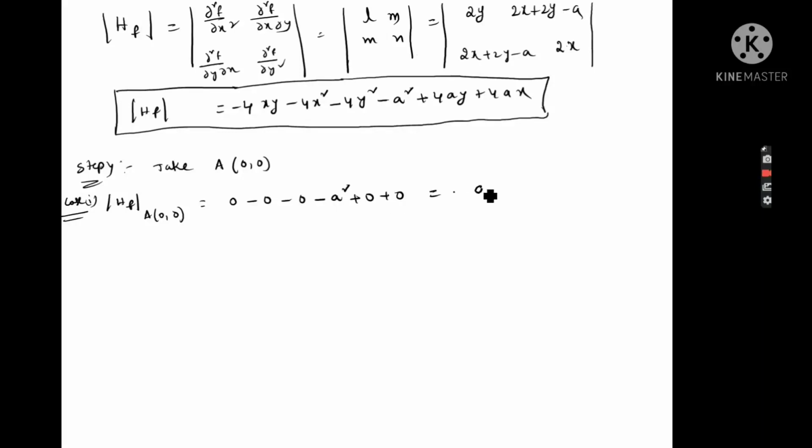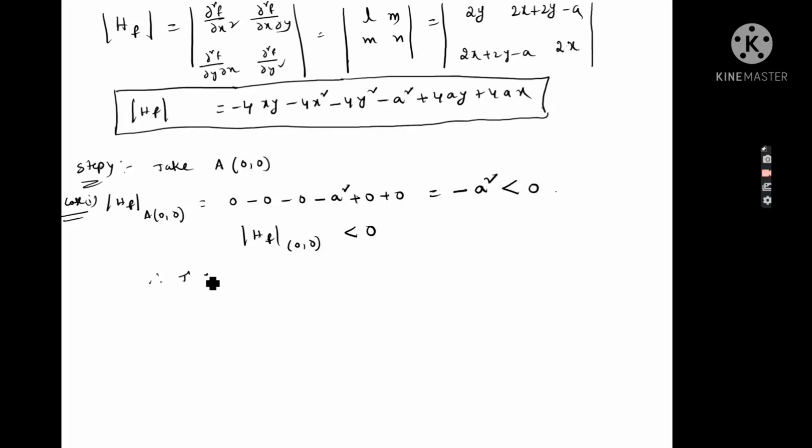We get the final value minus a square. This is negative, so it is less than 0. So mod HF at ordered pair 0 comma 0 is less than 0, which means the function has no maximum and no minimum at this point. That point is nothing but a saddle point.